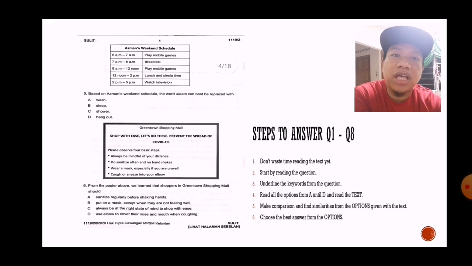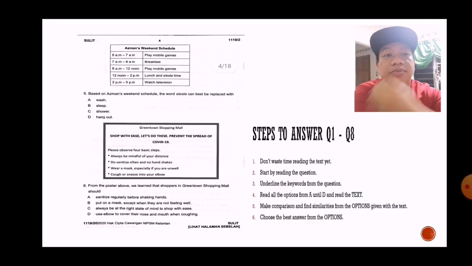6 a.m. to 7 a.m., play mobile games. Wow. So he starts his day early with mobile games. And since mobile games at the moment is a trend and can be considered as esports, it doesn't matter anymore. Keep up in playing games. Alright, so next is 7 a.m. to 8 a.m. So what does Azman do?